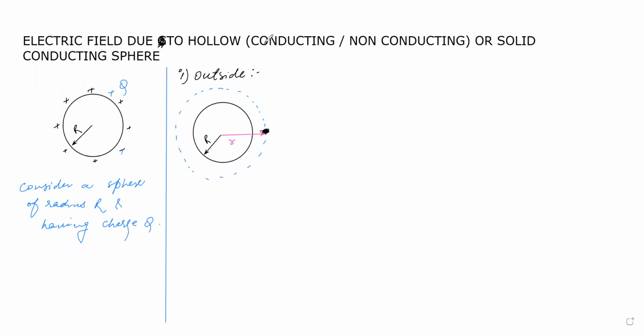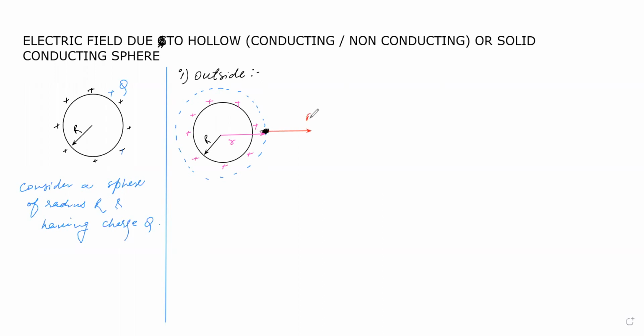And what is the direction of electric field? Electric field lines always be perpendicular to the surface in away direction. Why? Because the sphere is positively charged. This is your direction of electric field.